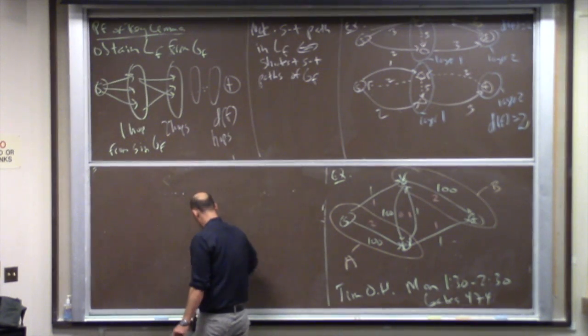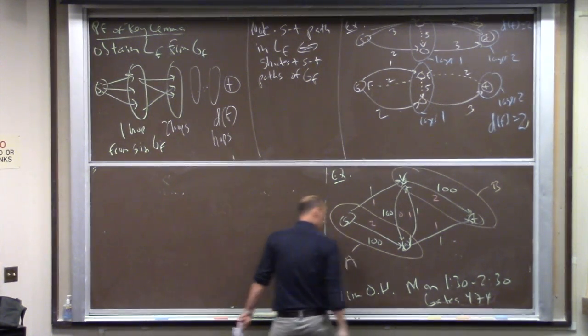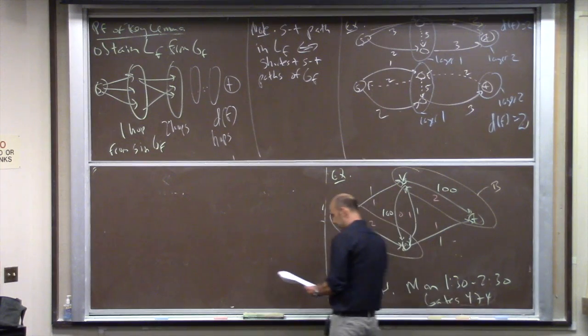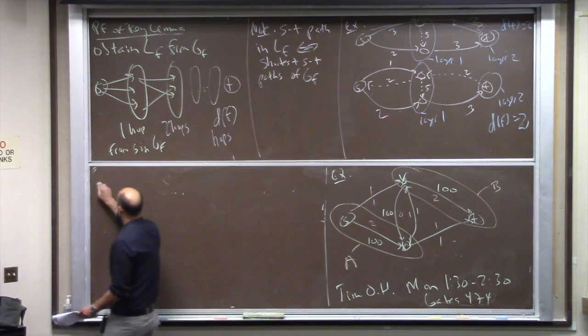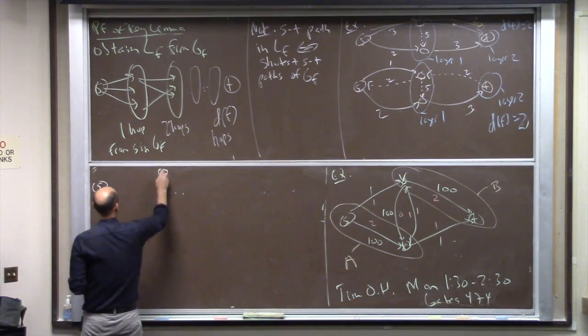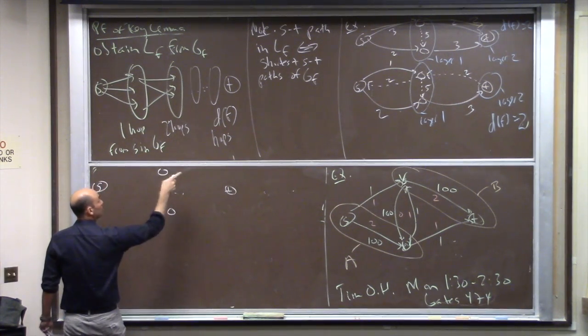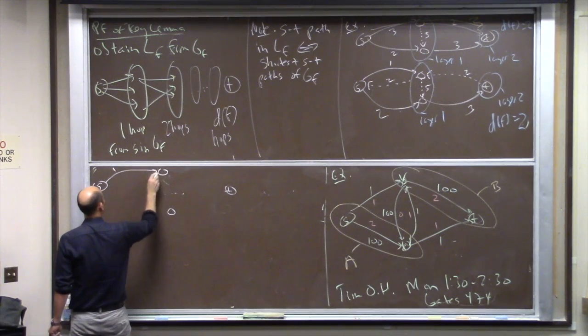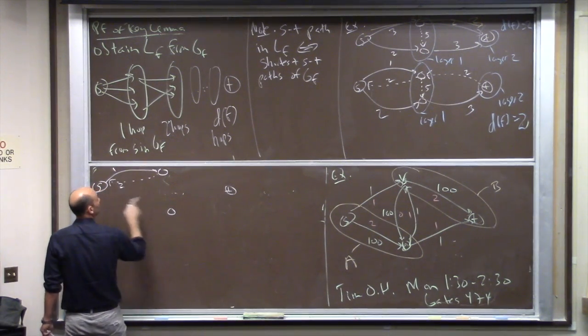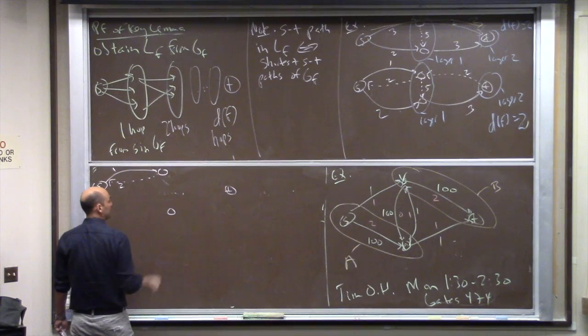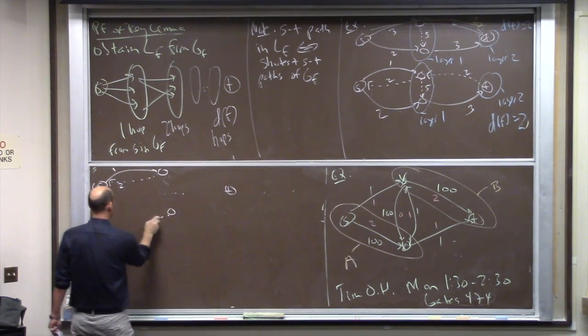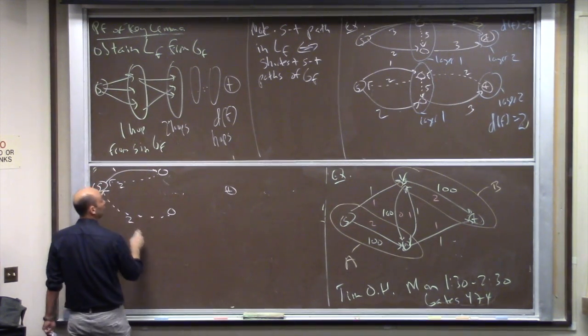And once it does that, here's what the new residual graph looks like. We still have this 1 and this backward 2. The bottom left one we've now saturated, so this is now backward 2.